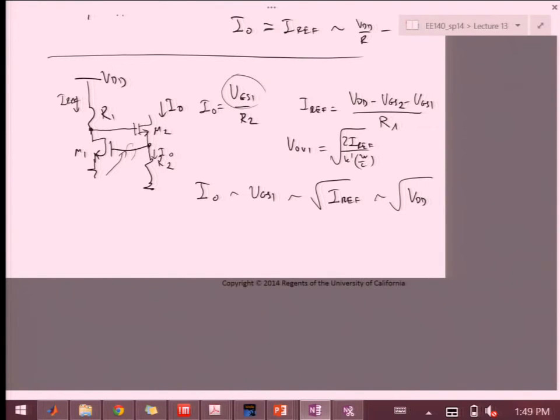If you use bipolars, you can do even better, because what's the relationship of VBE and current? In other terms, for BJTs, you would have that I naught is proportional to the log of VDD.